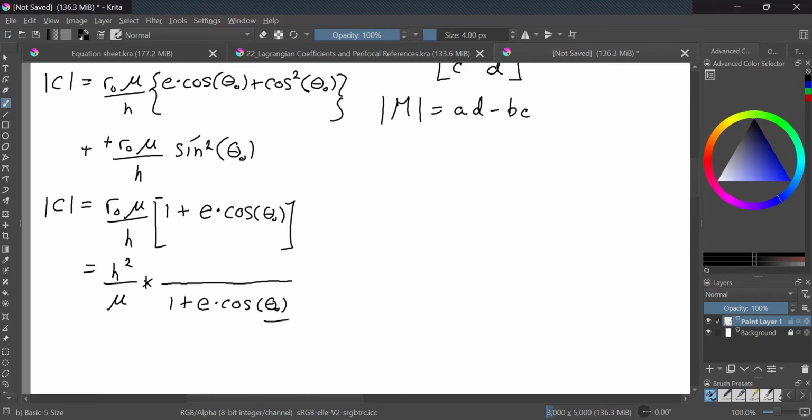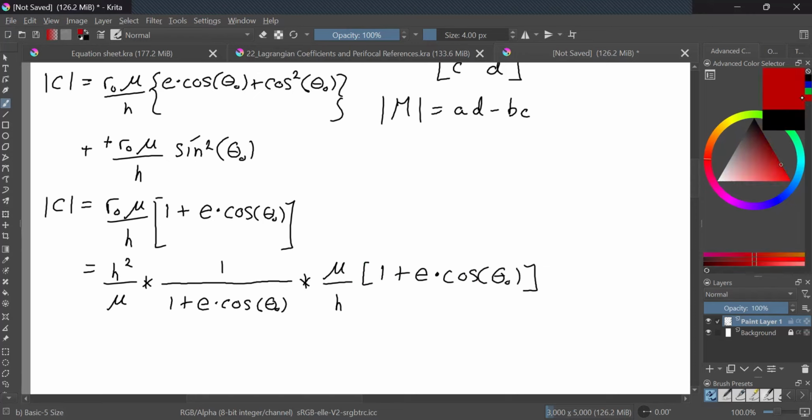And it does need to be theta naught because this is r naught. These are the initial conditions. We're looking at the initial condition for radius. It has to be the initial condition for the true anomaly angle. That is inverted times mu over h. Give itself some space. Times 1 plus the eccentricity times the cosine of theta naught.